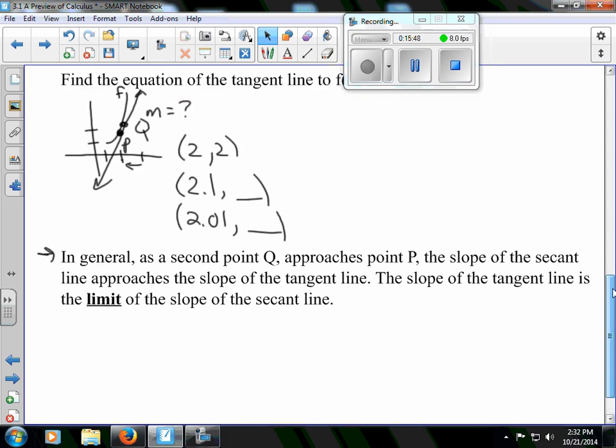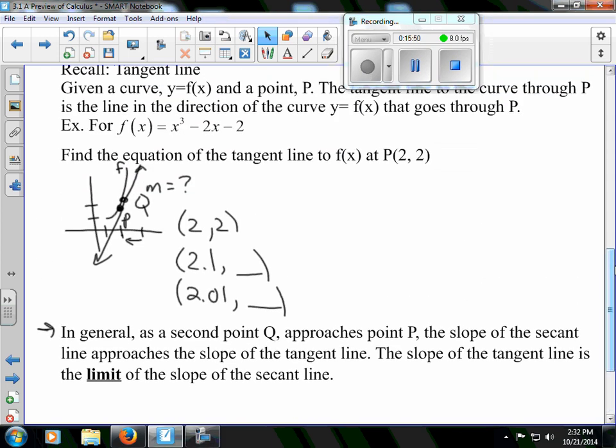Okay, so I'm going to go ahead and answer this question. I'm going to find the equation of a tangent line. I need to know a point and the slope. The slope, however, I'm not going to know exactly. We will figure that out once we get into the calculus more.